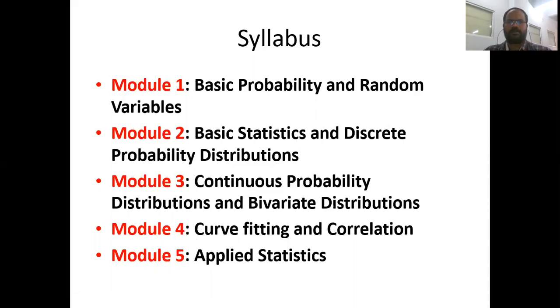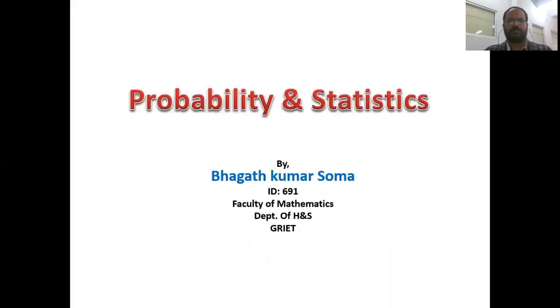In that one, we'll get the sample space, small samples, large samples. So how to test the sample data by using the samples, all these things we'll discuss here. So before going for the topic, first of all, we'll say what is the probability and what is its necessity.